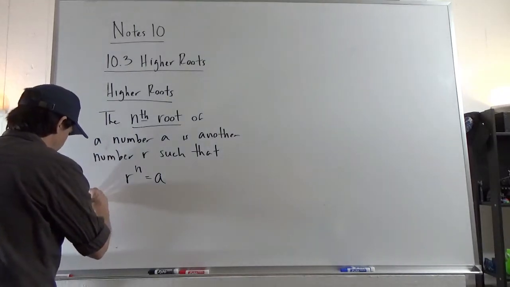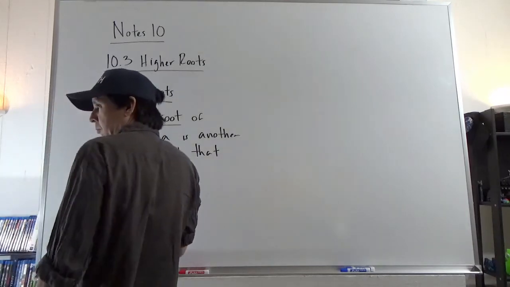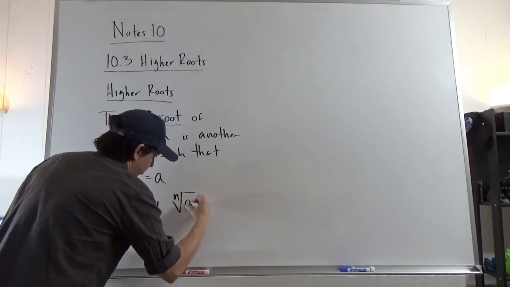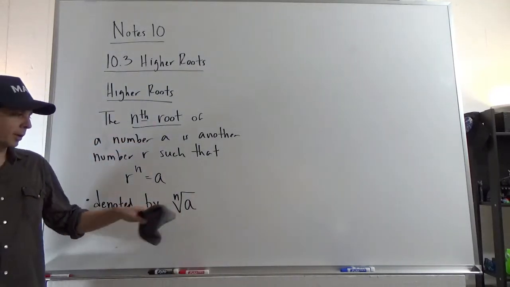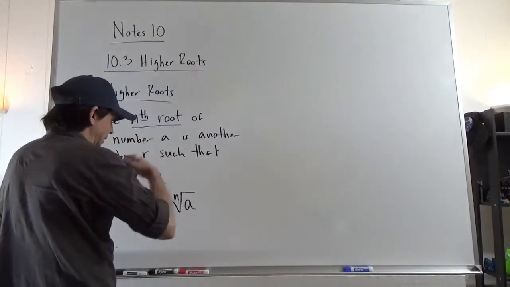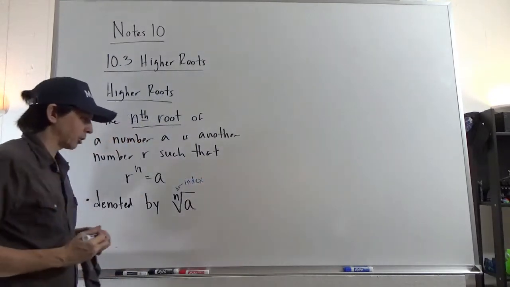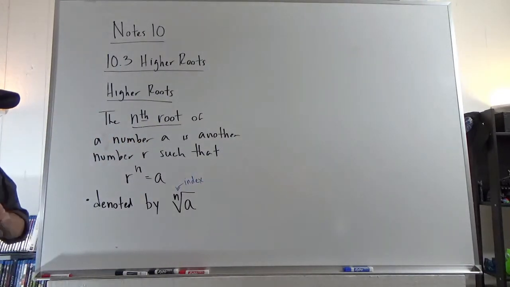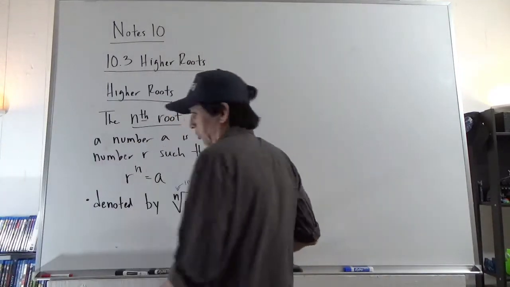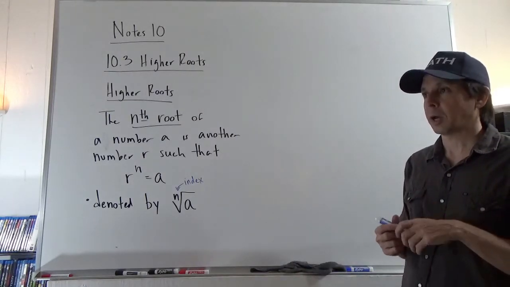It is denoted by the radical symbol with an n in the little nook, and the term for that is the index. So if it's a cube root, that index will be 3. If it's a fourth root, that index will be 4. A is still called the radicand, the number under the radical.